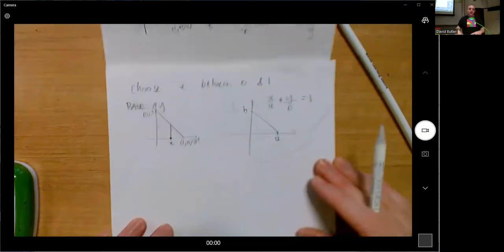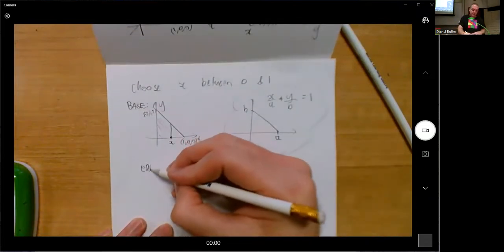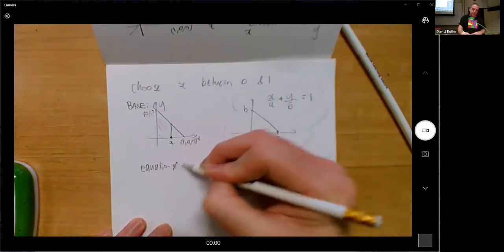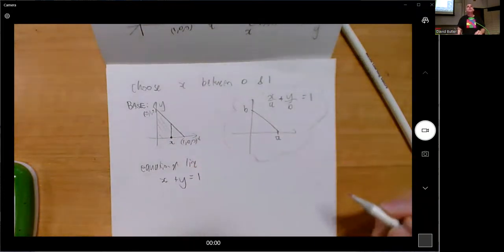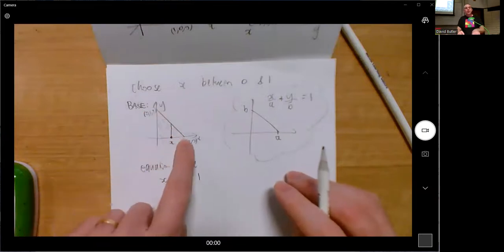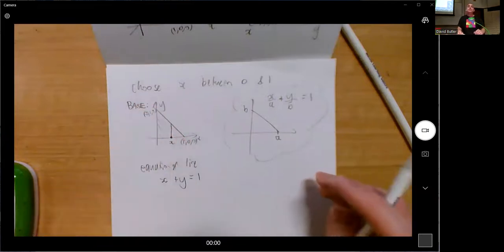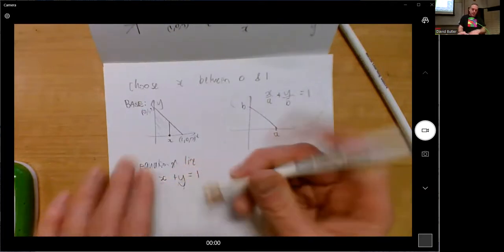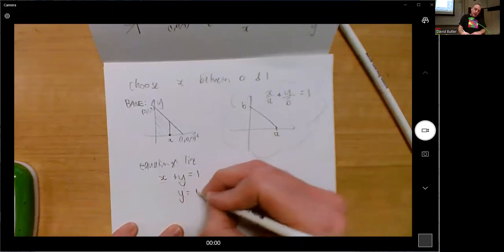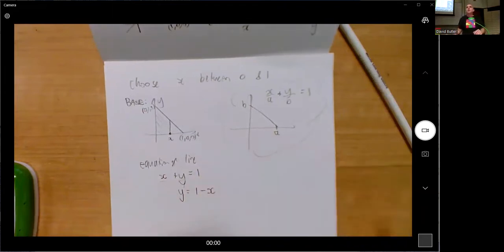So I'm going to just get the equation of the line: x plus y equals 1. Every point on this line, the x-coordinate and the y-coordinate add to 1. It's x on 1, plus y on 1, equals 1. And so that means that the y-coordinate at any point on the line is 1 minus the x-coordinate.